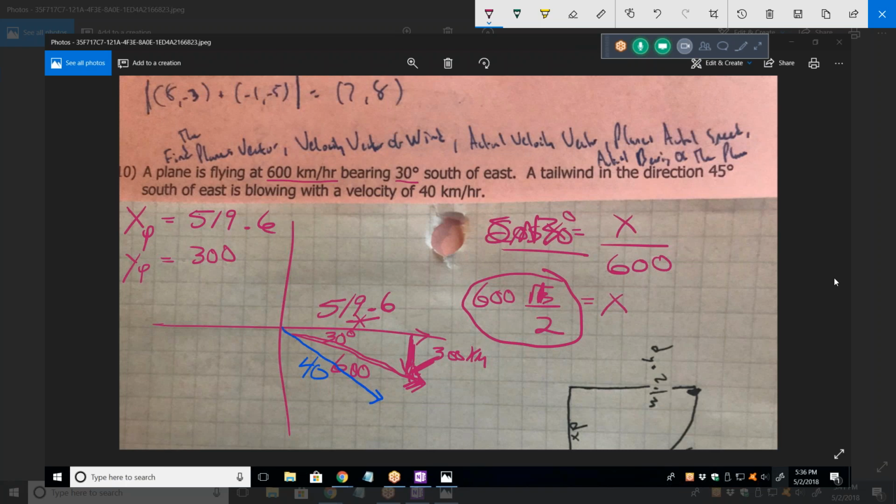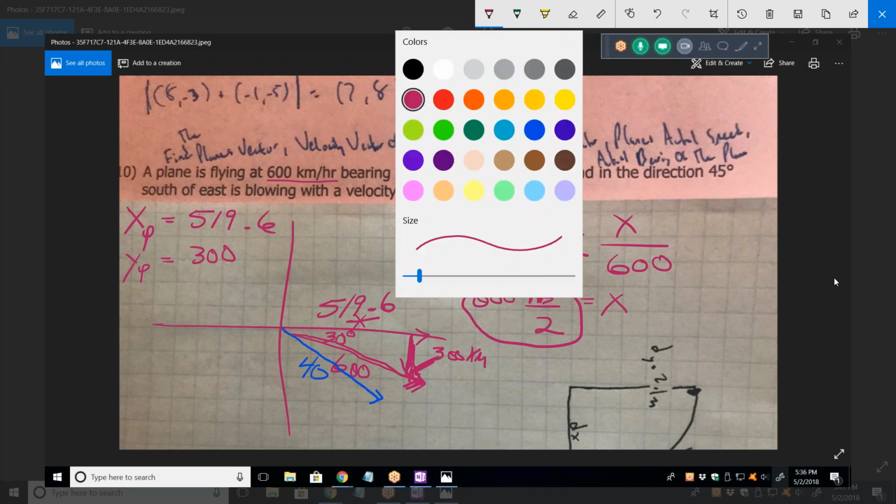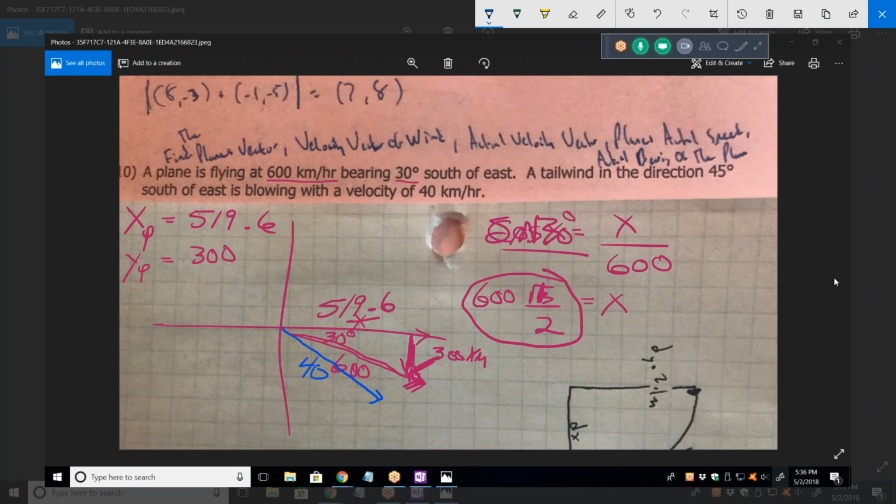Now let's do the same thing with the wind. What is the x component of the wind? The cosine of the angle equals x over 40, because this is the triangle I'm dealing with on the wind.